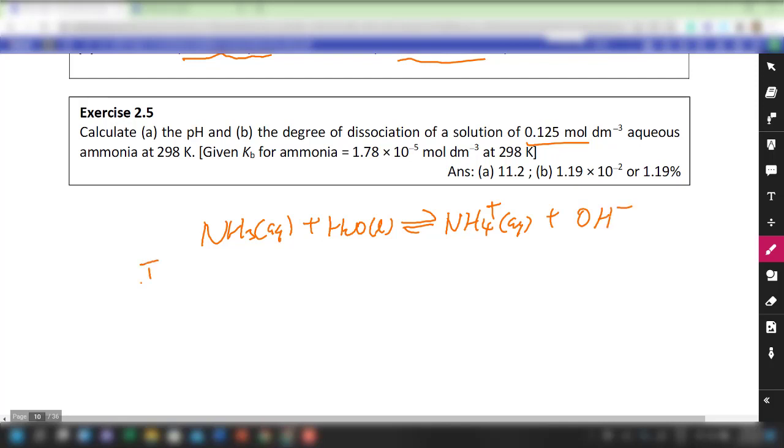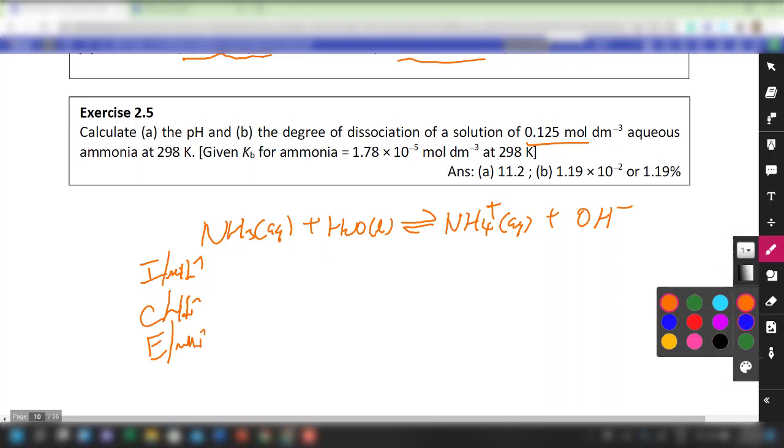So again, have the habit of writing the concentration term over here, so that you know what you're dealing with. And then initial concentration is given to be 0.125, so that's 0.125. So the rest will be dash, and then the extent of ionization we are not sure, so we let it be y.